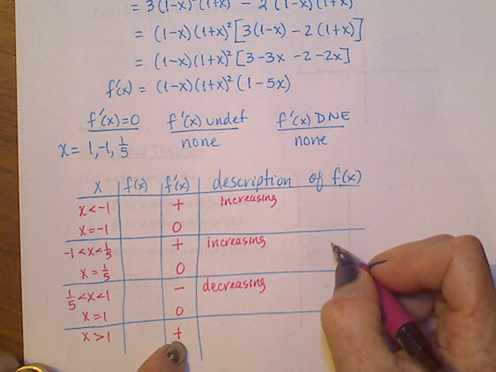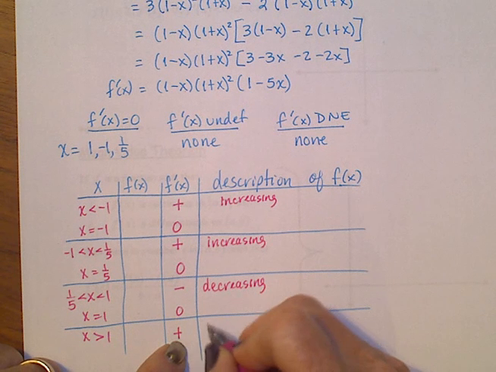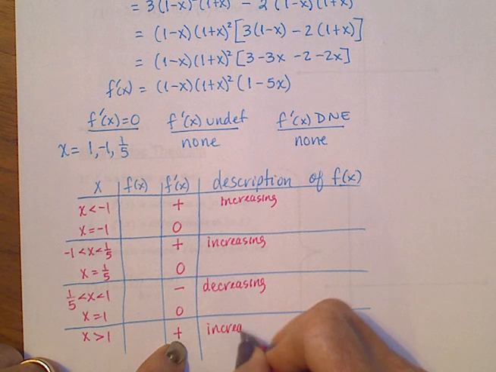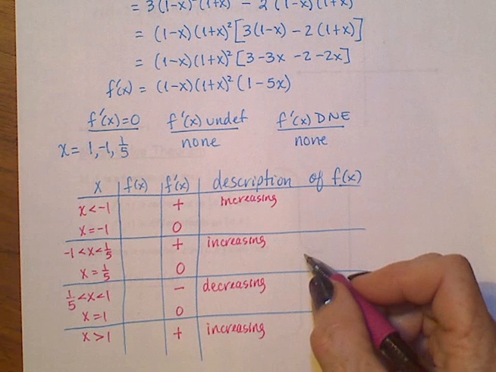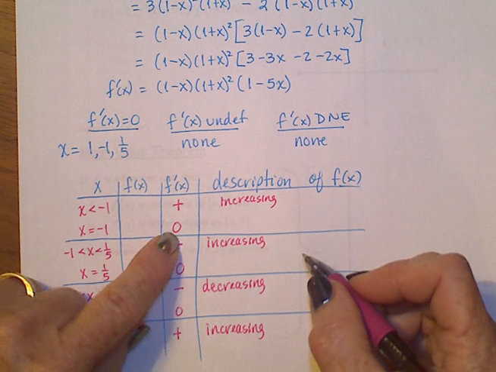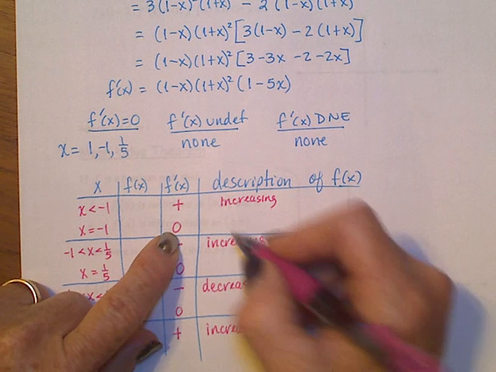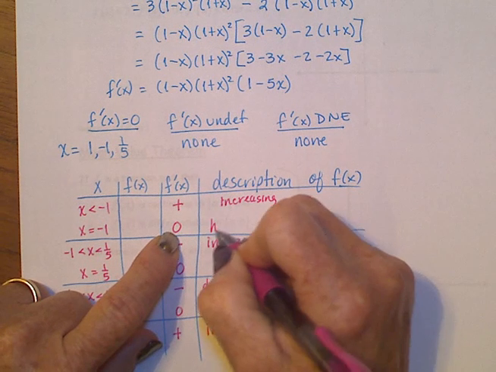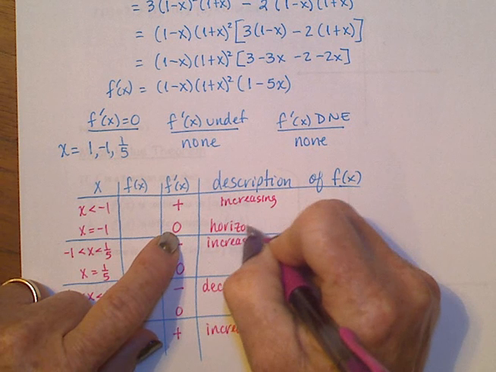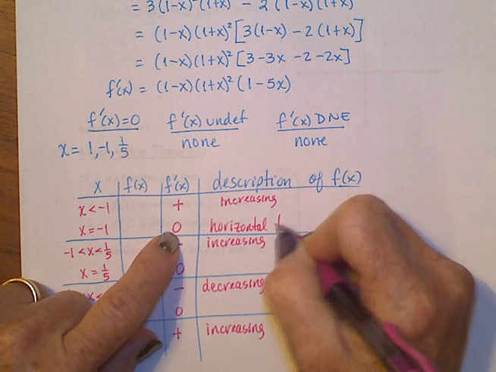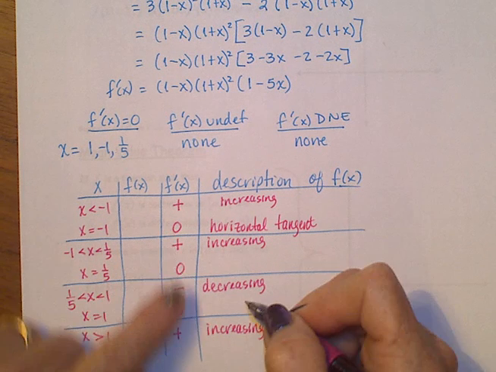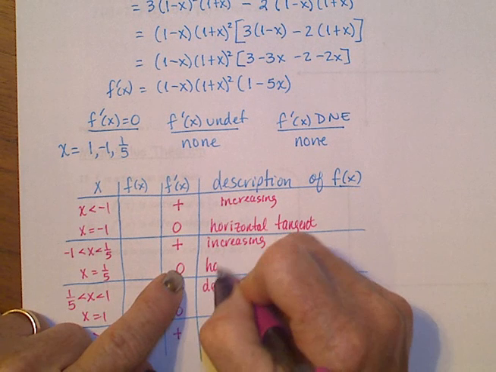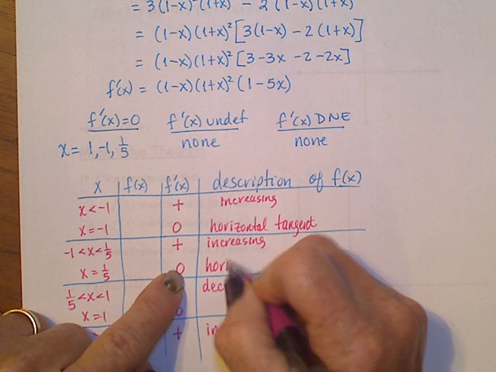And f prime positive means f of x is increasing. All right, what about all these ones I missed? Well, if f prime of x is 0, then f of x has a horizontal tangent. F prime of x is equal to 0, so we have another horizontal tangent on f of x.